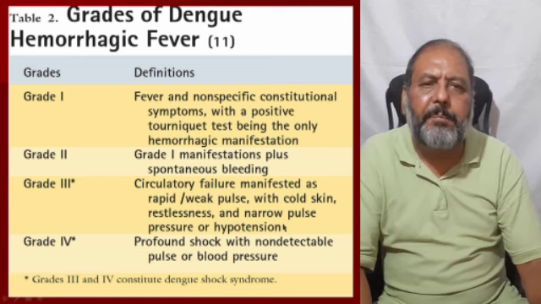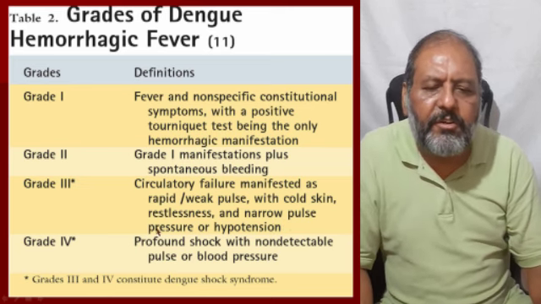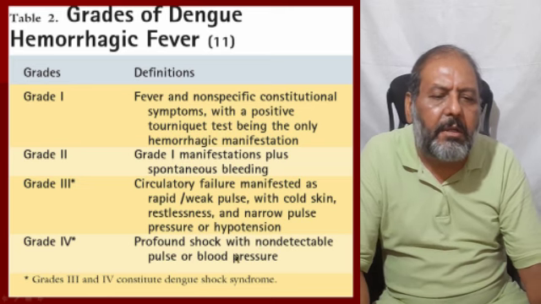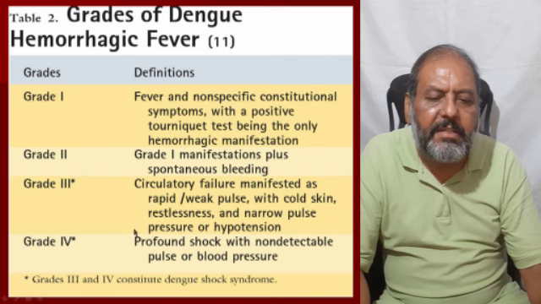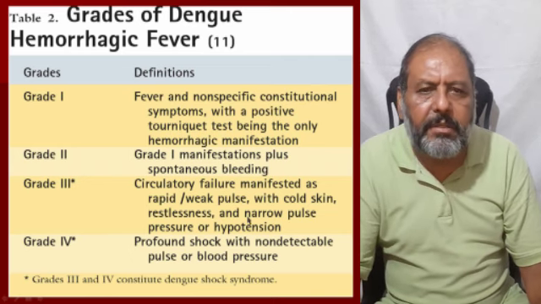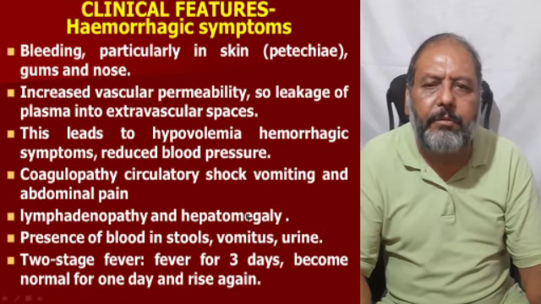That is the typical hemorrhagic shock syndrome. And grade 4, profound shock with non-detectable pulse or blood pressure, and these are just going to be serious, and the patient can lose his or her life also.